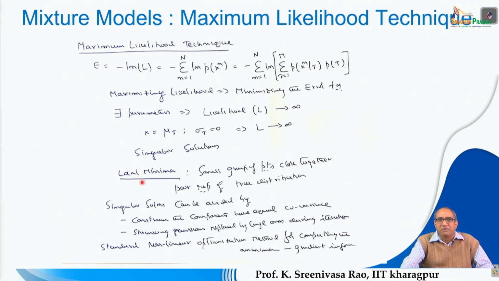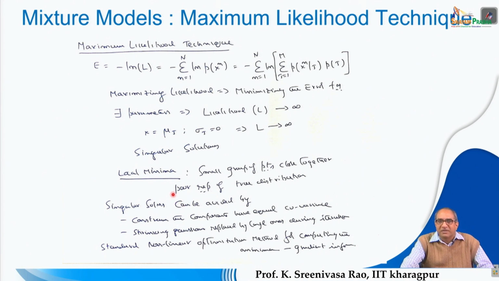Sometimes a local maximum is observed, that means a small group of points in very close proximity, where we falsely assume that the likelihood is maximized, but it is a local phenomenon, not the global maximum.